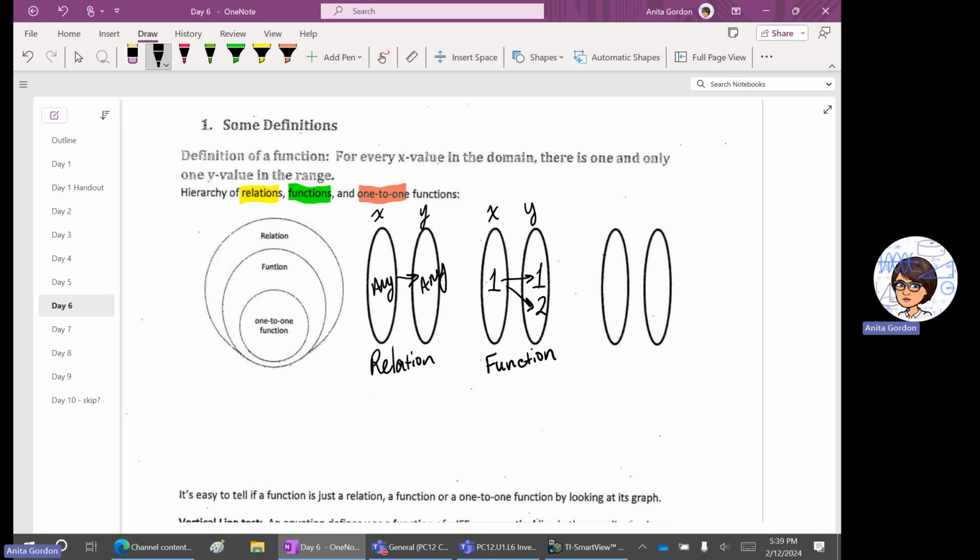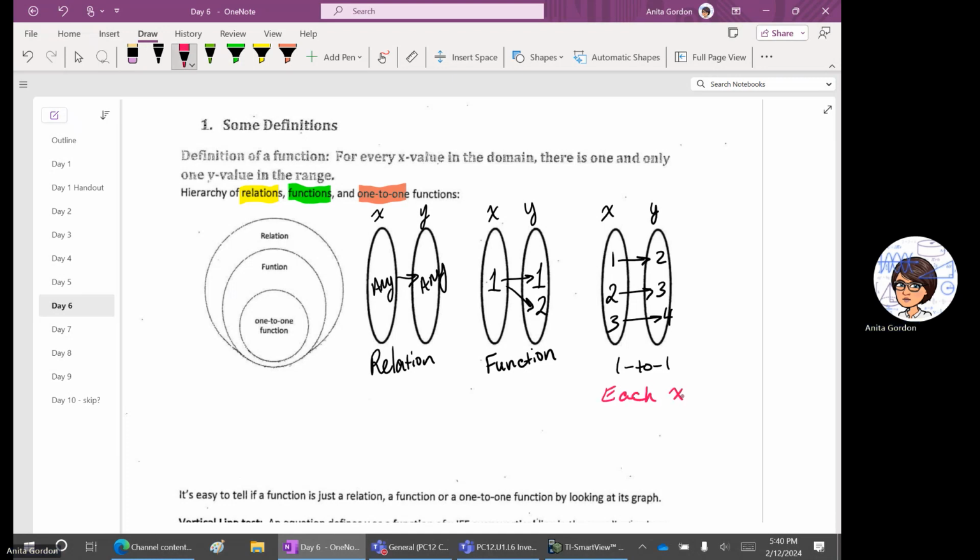And then a one-to-one function is where the y values are unique. And I'm just making up these numbers. Doesn't really mean anything. But a one-to-one, and actually my mathematician who doesn't like to write, I'm just going to use numbers here.